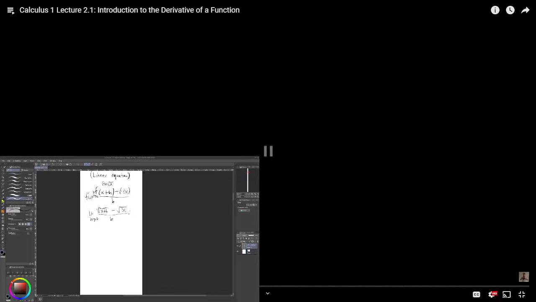Conjugate. We don't want to distribute on the bottom. x plus h plus x, square root x plus h minus x.